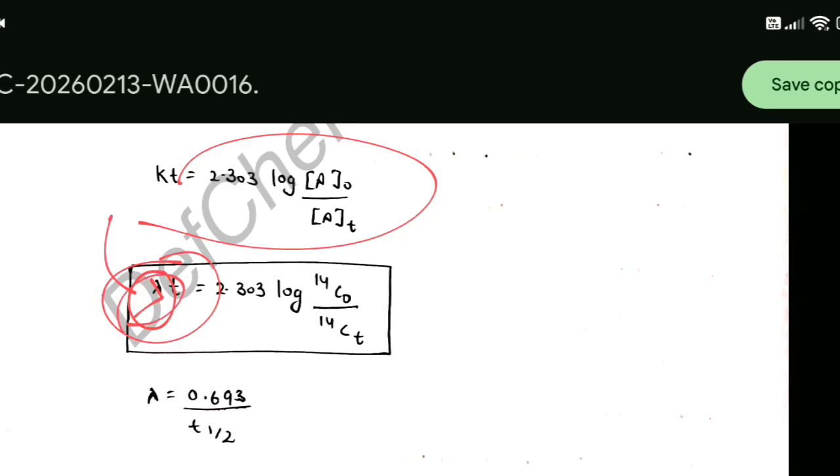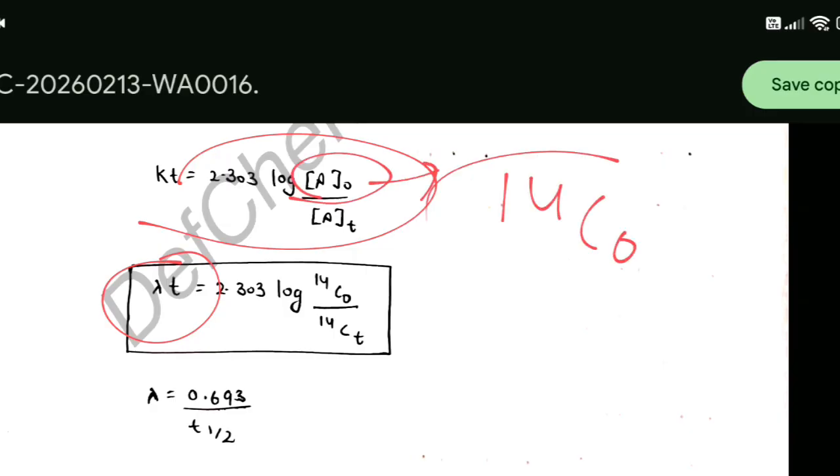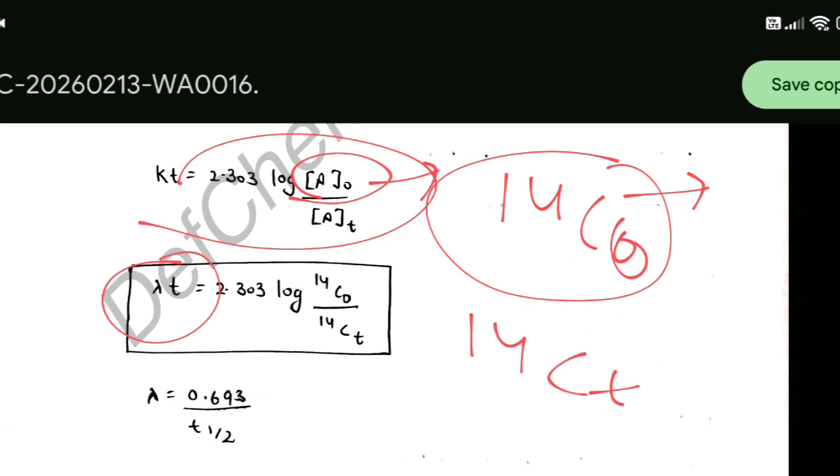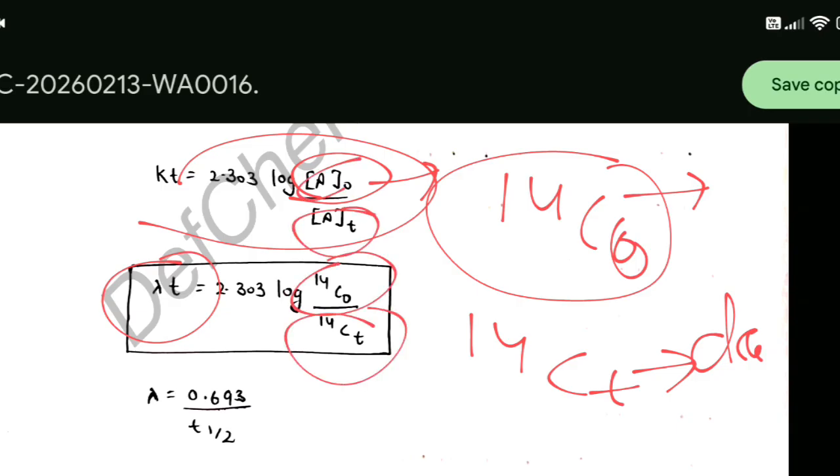Then we replace k with the disintegration constant, lambda, which we use in radioactive elements. T is time, and we replace A naught, the initial, by 14C naught because it is the concentration of the fresh sample, and At will be 14Ct, the concentration of the dead sample.